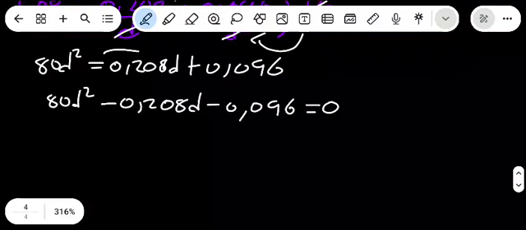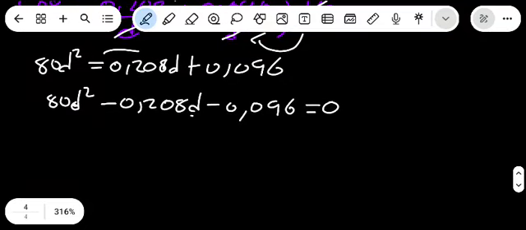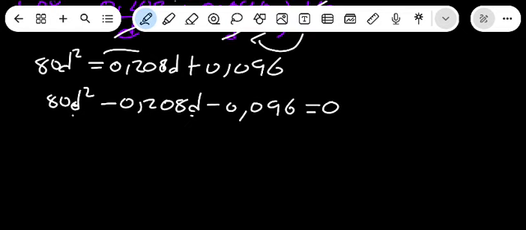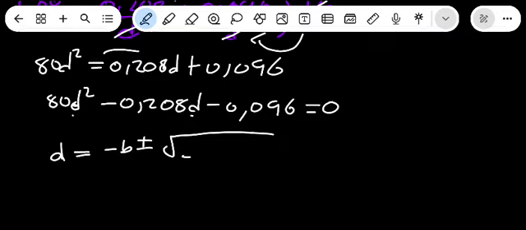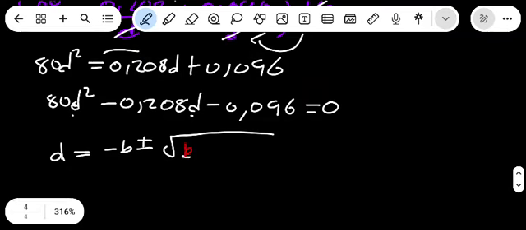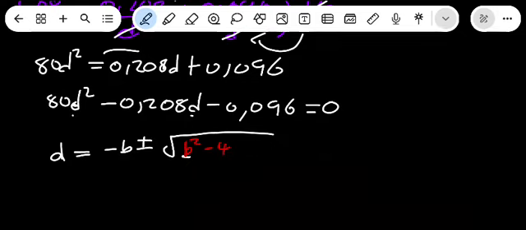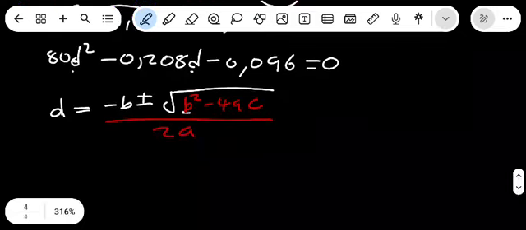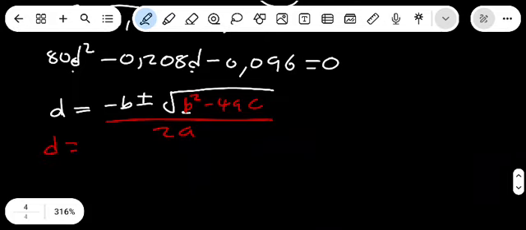So this is simply a quadratic. You apply your quadratic formula: D equals minus B plus or minus the square root of B squared minus 4AC, divided by 2A. B is this.